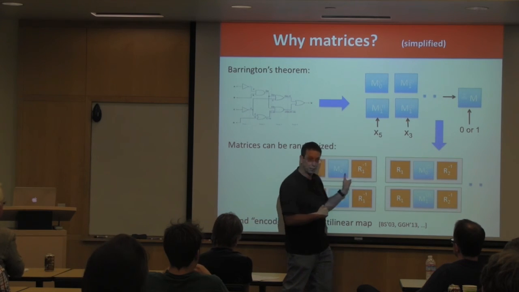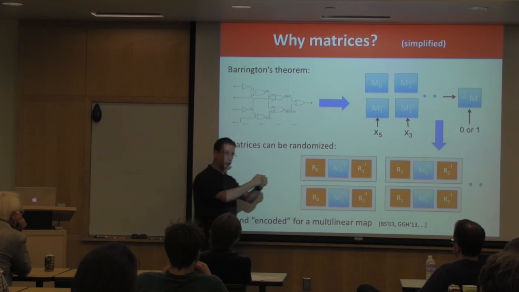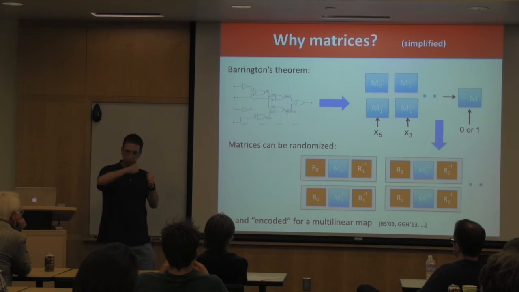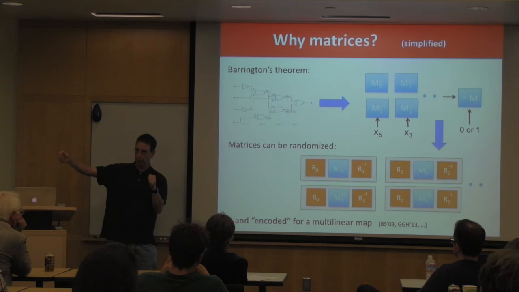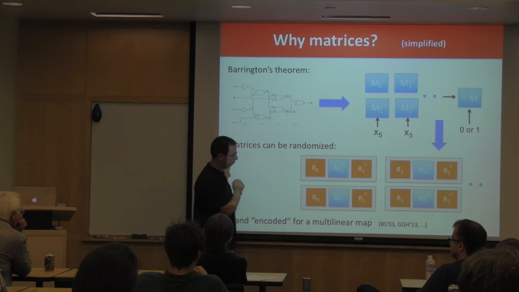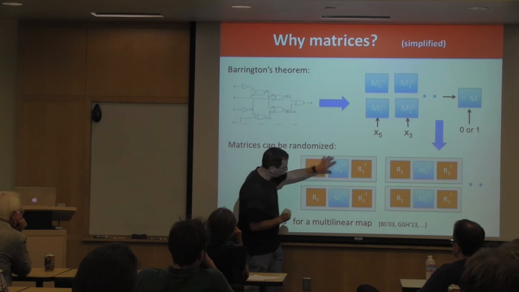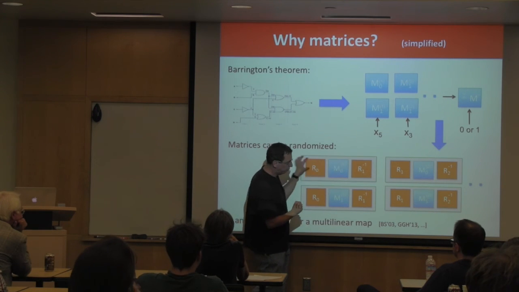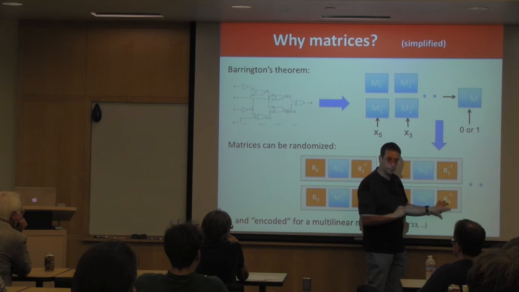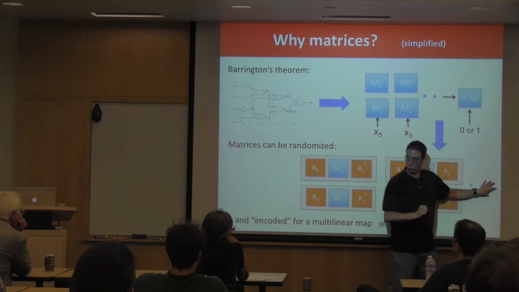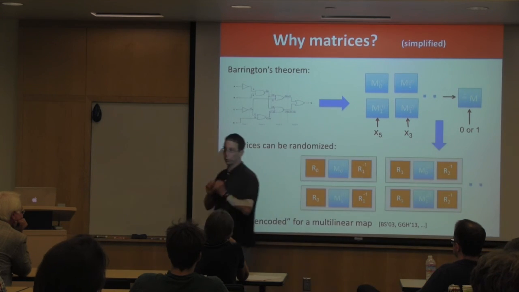When we want to multiply these matrices, we use the multilinear map to compute the matrix product. This is why the multilinear map is so important: it allows us to essentially encrypt these matrices, still compute all the products, and at the end test whether the final result is equal to a fixed value.